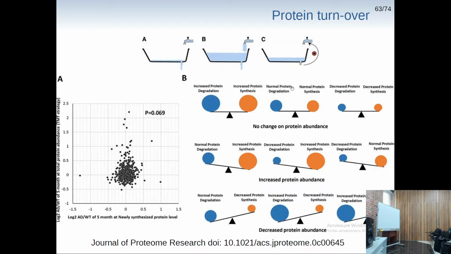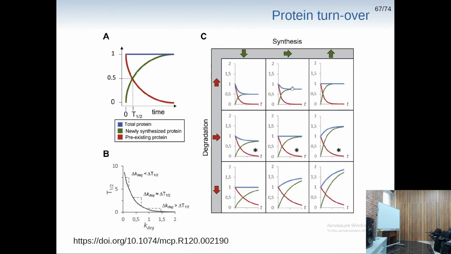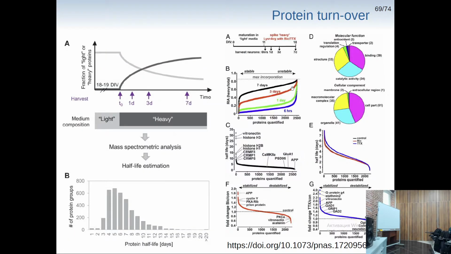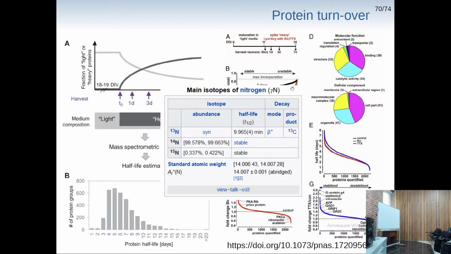And actually, using this isotope of nitrogen, we can then get those proteins separately.